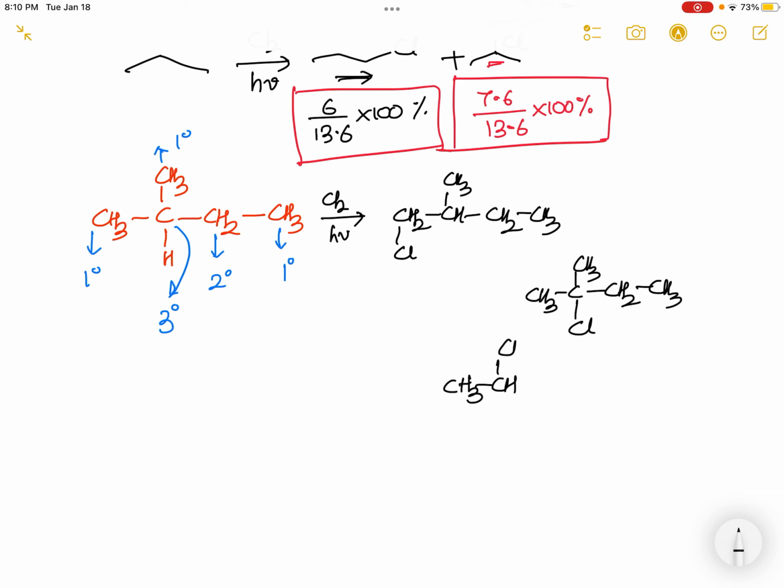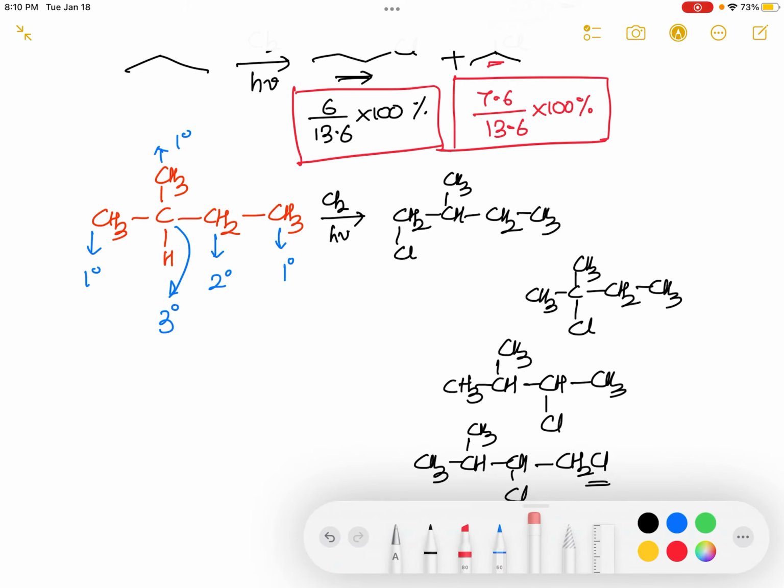CH3CH on secondary. Third product. Again primary is there. Both primaries are same only, but if chlorine is coming here, sorry, I got one chlorine extra here.